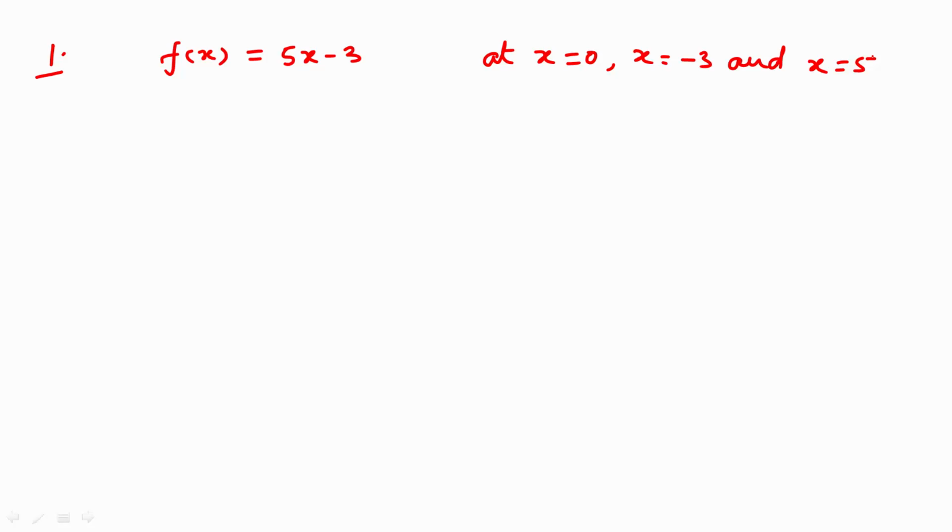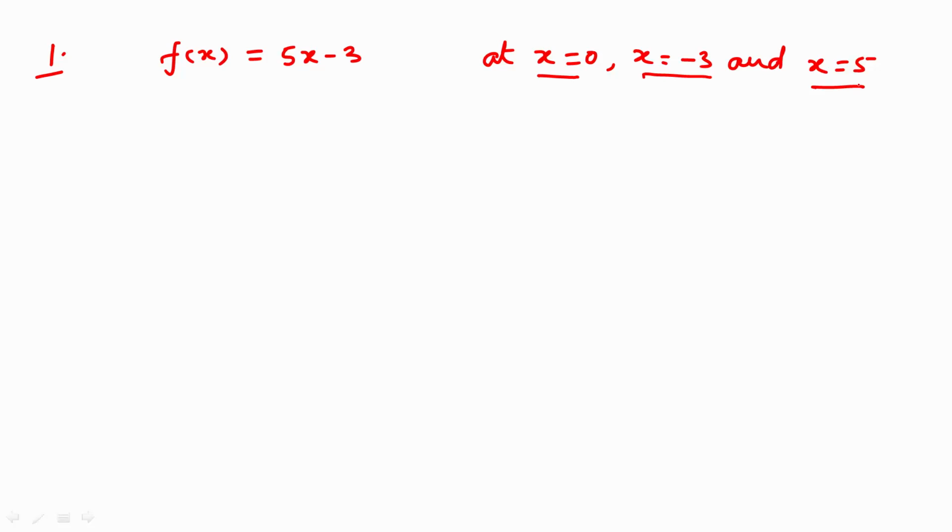Here some particular points have been given, and we don't need to find all points of continuity or discontinuity. We have to check only the continuity at x is equal to 0, at x is equal to minus 3, and x is equal to 5.